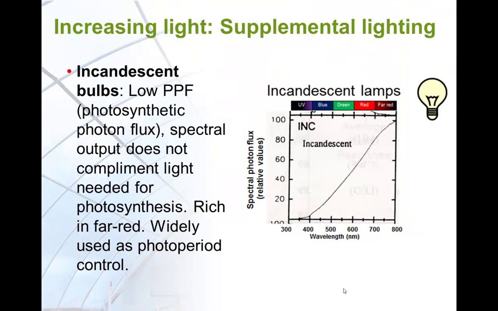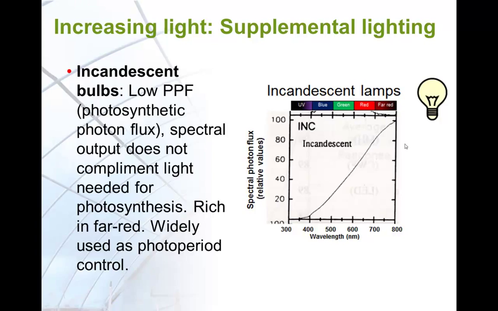Another widely used light source in greenhouse plant production is the incandescent lamp. Because of the low efficiency of energy, it may not continue for a long time anymore, but it has been used widely for photoperiodic control. Because the light quality is very rich in far red, very important light quality for phytochrome response.